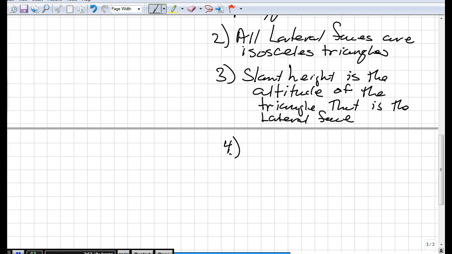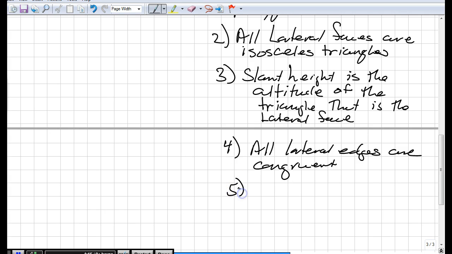The fourth property is all lateral edges are congruent. And number 5. The altitude of the pyramid meets the base at the center of the base polygon.